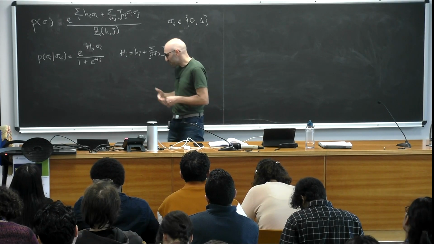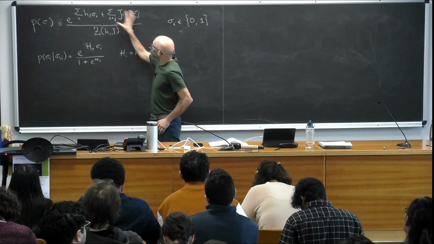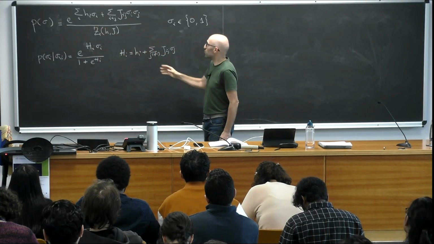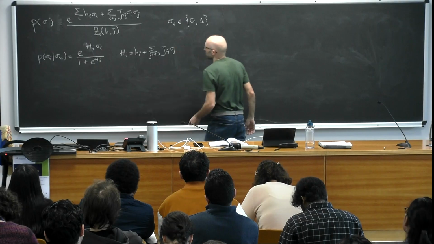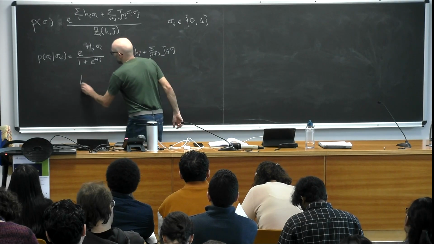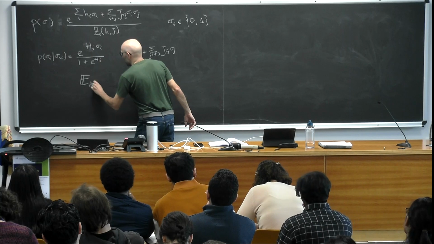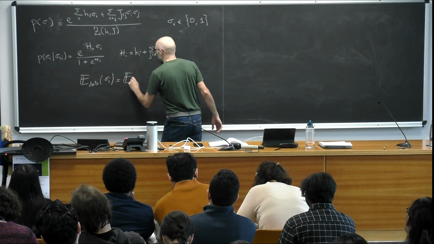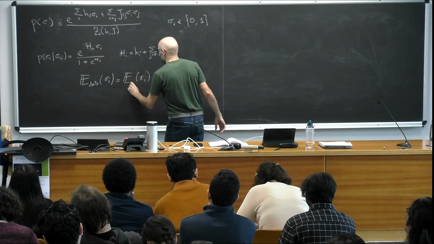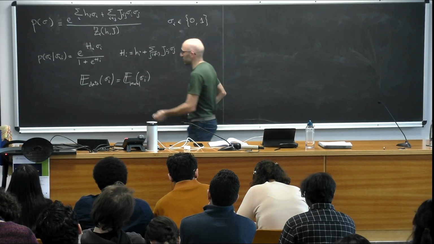Or if you prefer, you can say we want to do maximum entropy. And so this would correspond to the maximum entropy distribution with the constraint that the expectation of sigma_i on the data is equal to the expectation of sigma_i on the model, and the same for sigma_i sigma_j.